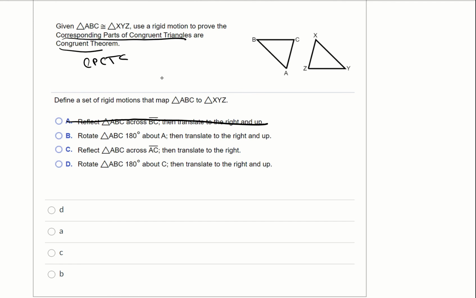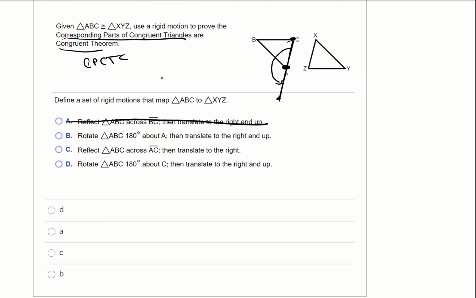Rotate the triangle ABC 180 degrees about A. Then translate to the right and up. So this is A. We're going to rotate it 180 degrees. So this point C is going to be rotated 180 degrees, but it has the same distance, the same length.